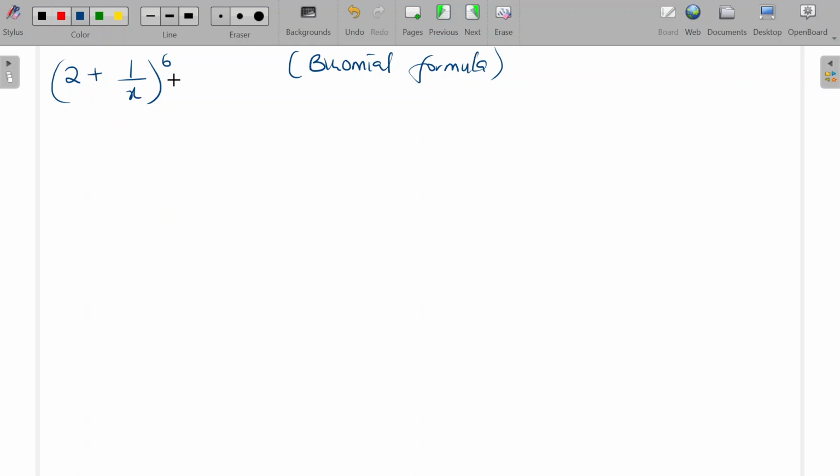So you're going to start by saying you get the 6. The first one, you say 6 combination 0. Okay, then you get the first component, which is 2 to the power 6 minus 0. Then you say dot product of 1 over x to the power 0.